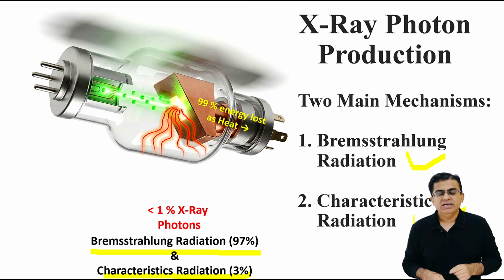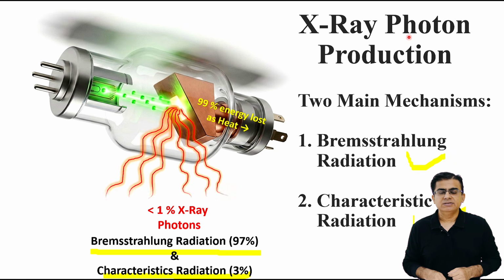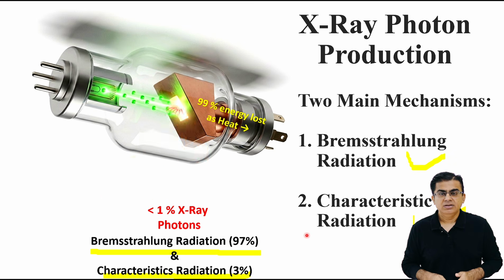For today, in this presentation, I will teach you the fundamental processes, Bremsstrahlung radiation and characteristic radiation, step by step. First, I will show you exactly how the central nucleus creates the continuous Bremsstrahlung X-rays.